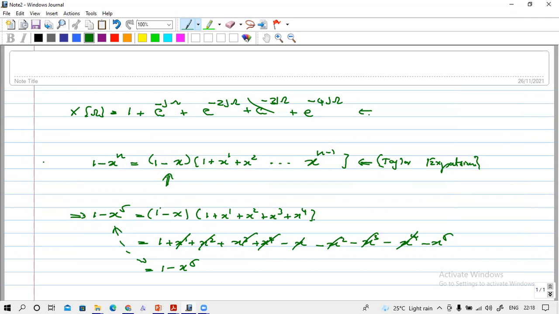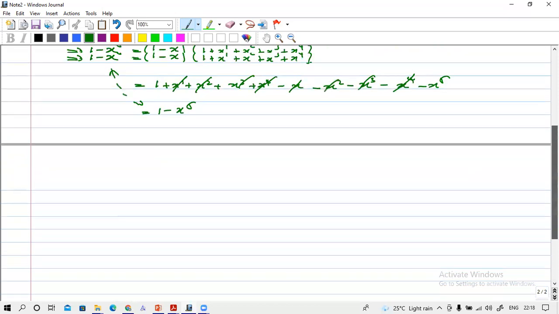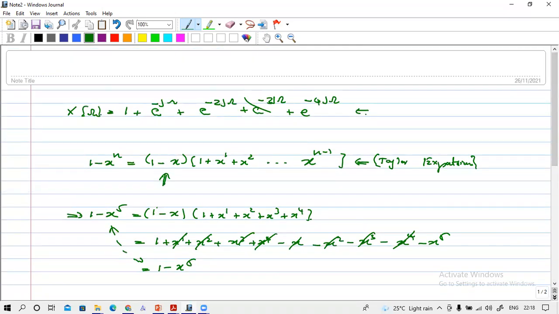Okay, so you can see that here also, if you consider this e to the power j omega as x, that means e to the power 2j omega is equal to x square. Okay, e to the power 3j omega is equal to x to the power 3, and e to the power minus 4j omega is equal to x to the power 4.